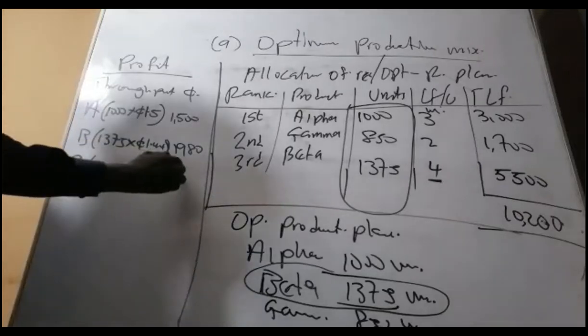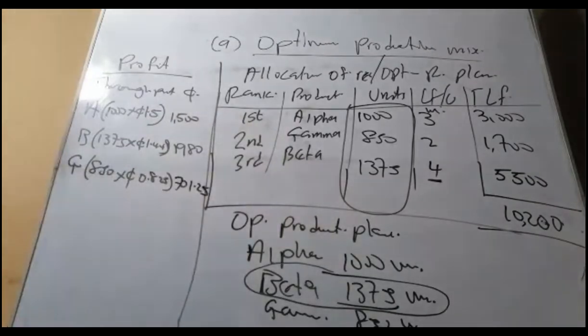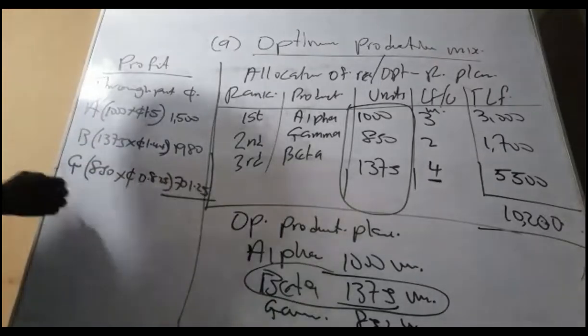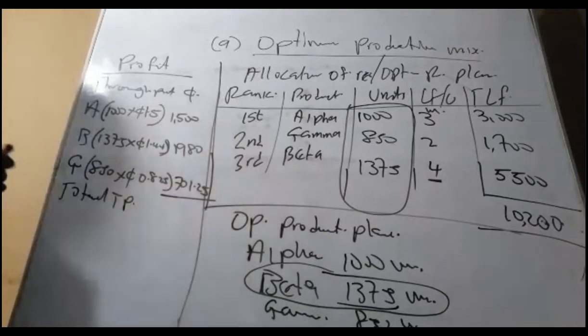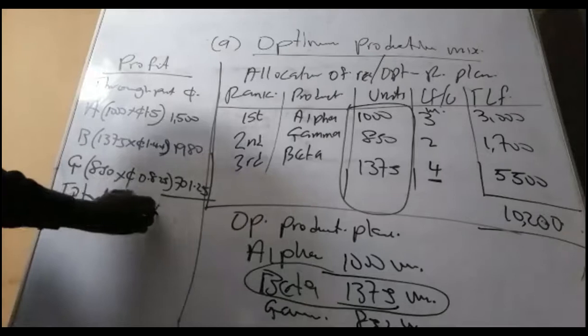So 701.25. Now what's the total throughput? You sum all together to get your total throughput. So 1,500 plus 1980 plus 701.25, and that will give us 4,181.25.